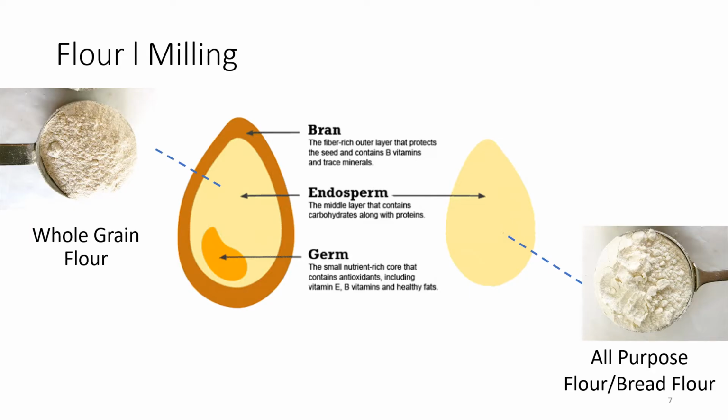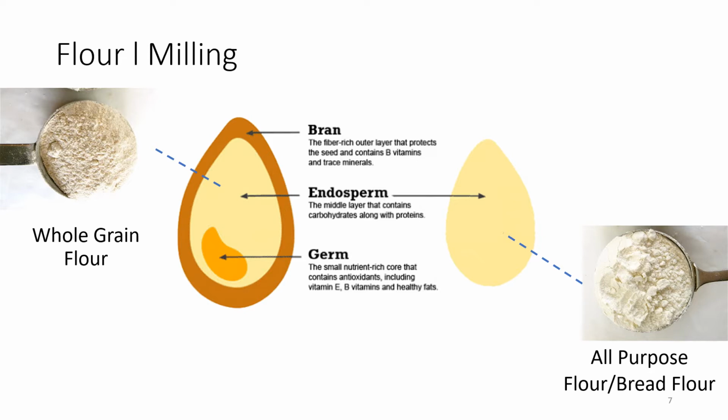as compared to all-purpose or bread flour, which is usually made specifically from the endosperm, which is the part of the flour that's most enriched with carbohydrates and proteins, but also lacks those vitamins and minerals that we can get from a whole grain flour.